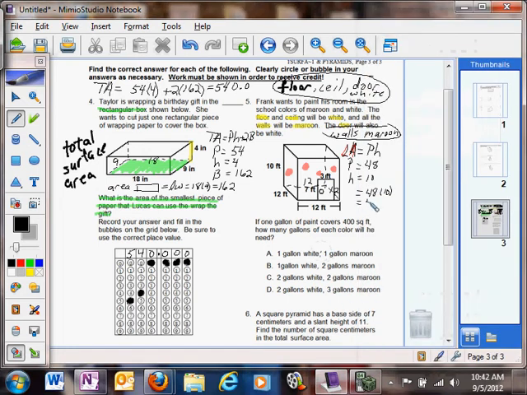So my lateral surface area is 480, but I have to subtract the door because the door is white. The door is a rectangle, which is a 3 by 7, so that's going to be 21. 3 times 7 is 21. Subtract that out, and I get 459. So this is how much maroon paint I'm going to need.